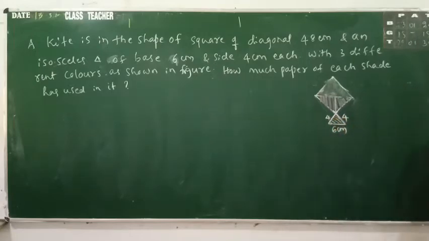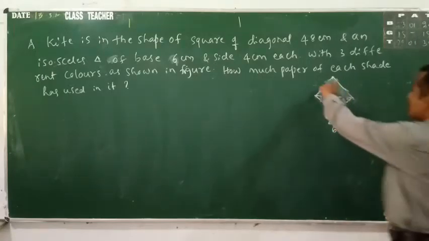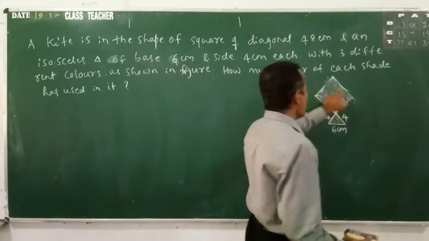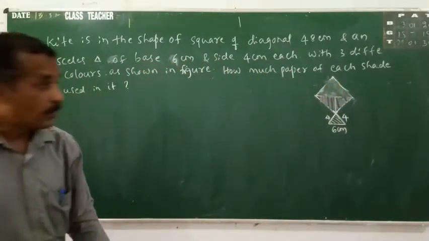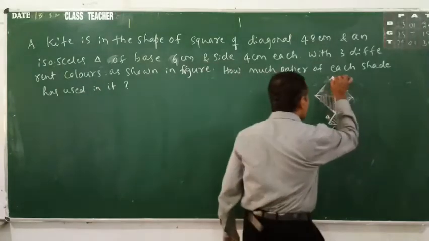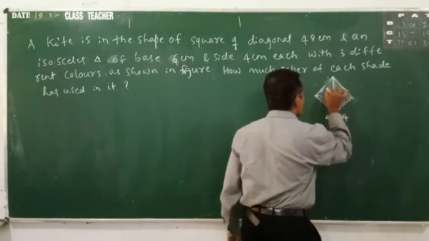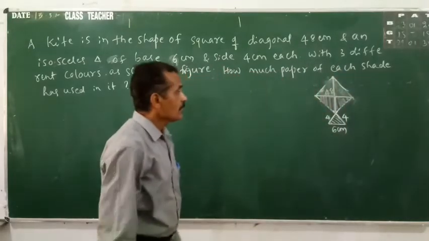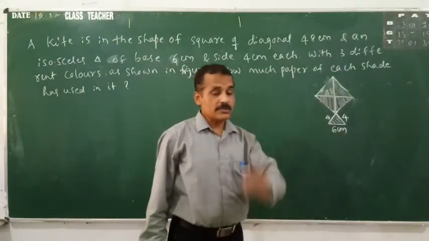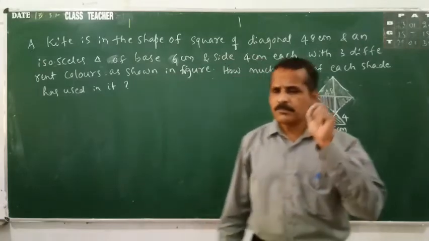So 3 different colors are used. They are asking what is the area of each colored paper. For that, what do we have to do? The diagonal is given, 48. This is also given, 48. How to start? See, this is a somewhat different problem.